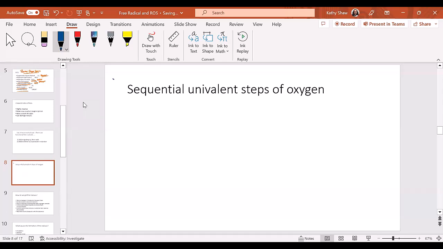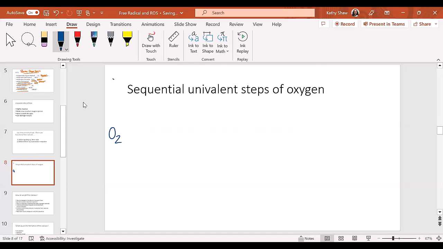And we can start from oxygen, go ultimately to water, but these radicals, reactive oxygen species, are in between. And if we don't make the full trip to water, that's where we make them and have our problems with them. So what we're going to do is start out with oxygen. That's the molecule that starts the whole sequence.